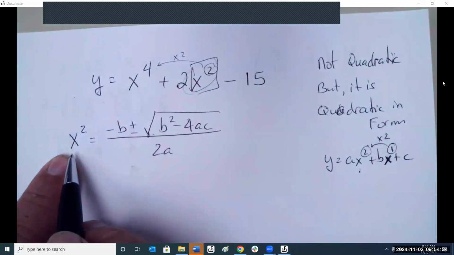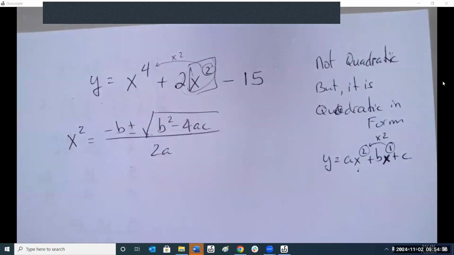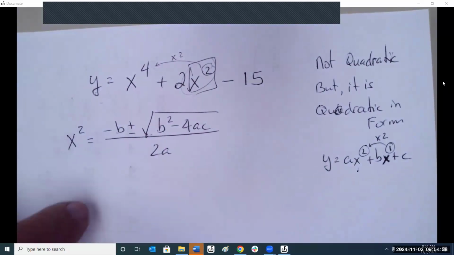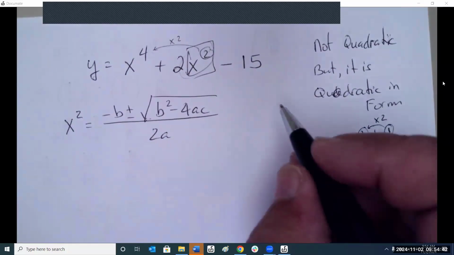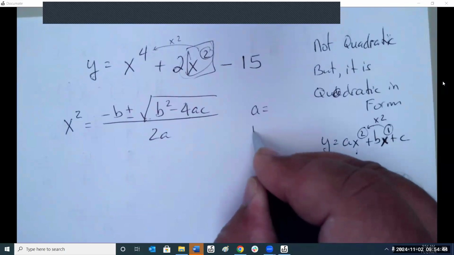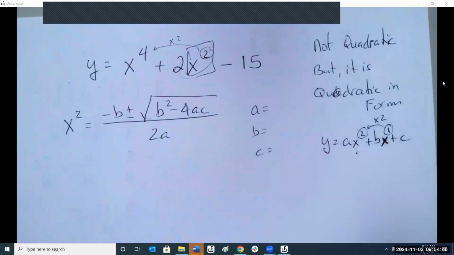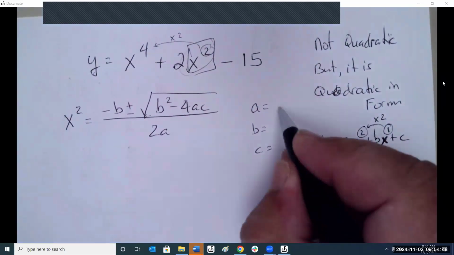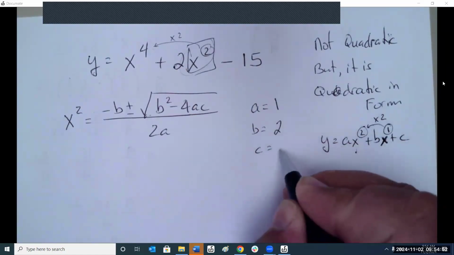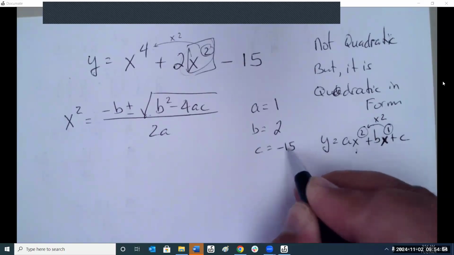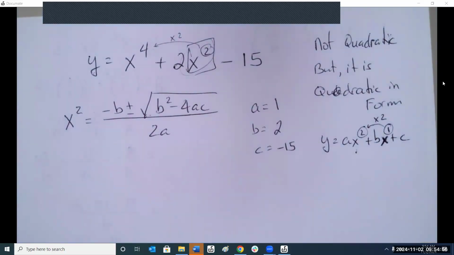So you're solving for x squared. Let's go ahead and solve it this way first, then we'll solve by factoring. So what are A, B, and C? What's A? 1. B, and C? Very good.